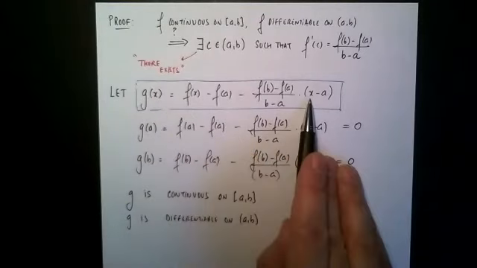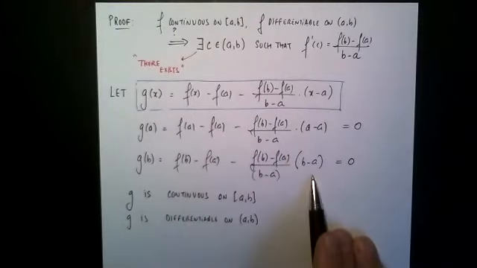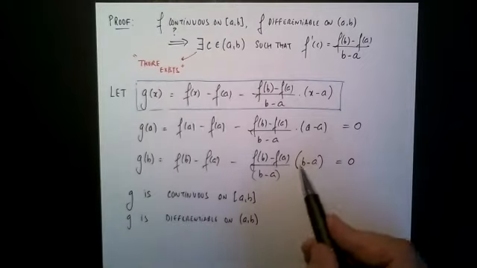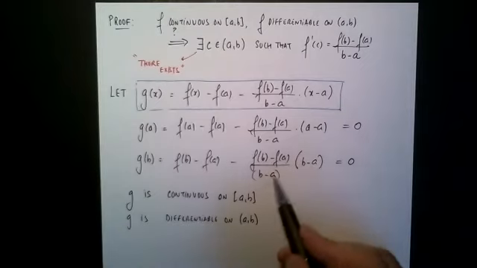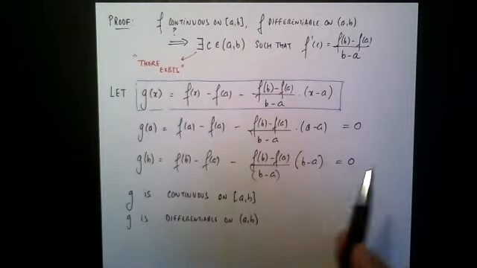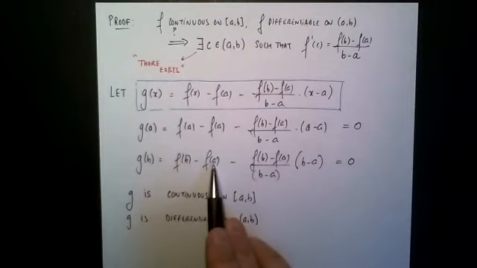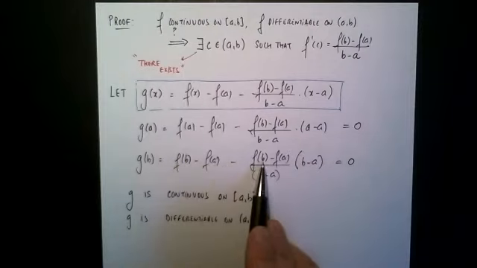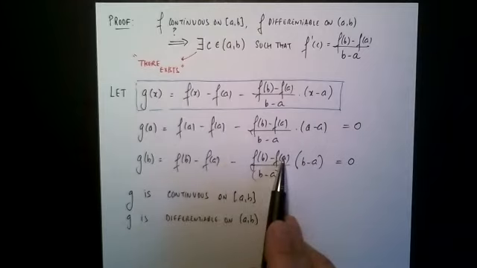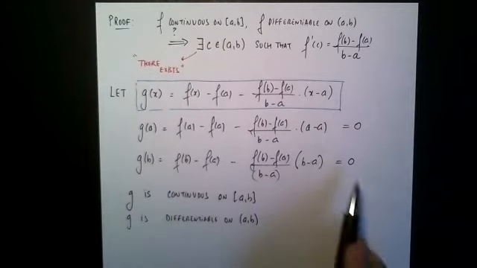Now b minus a over b minus a, cross them out, and I'm left with f of b minus f of a minus f of b plus f of a, and everything will cancel. Okay, I got it. Thank you.